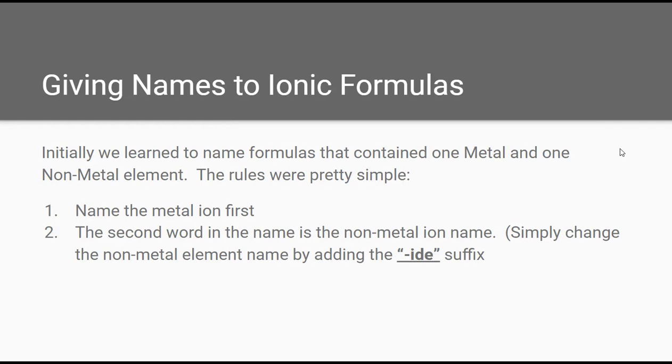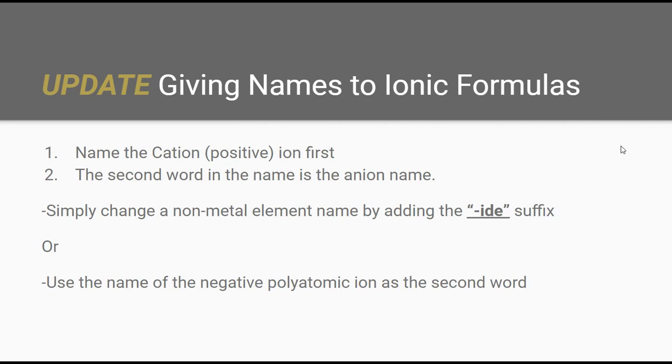Initially we learned to name formulas that contained one metal and one non-metal element, and the rules were pretty simple. When naming an ionic formula, you would name the metal ion first, and the second word in the compound name is the non-metal ion name, whose ending is changed to an IDE suffix. We have to update that to include a little more information.